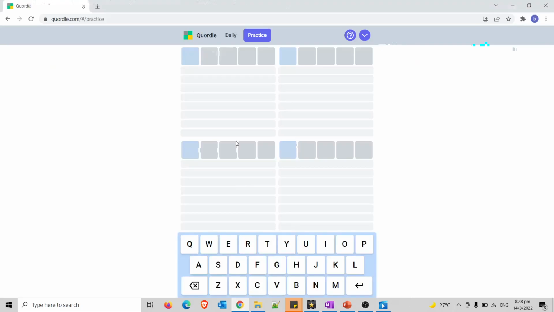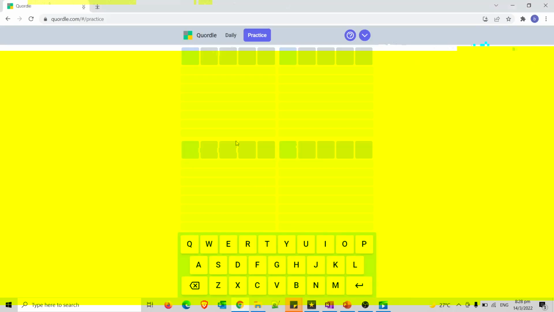Okay, so let's guess this word. Can R appear twice? R can either be at the first spot or the third spot or fourth spot. If R is at the fourth spot, then E must be at the first or second spot.